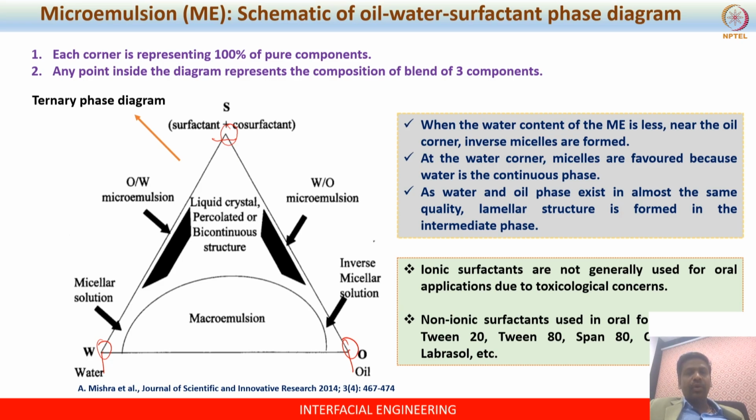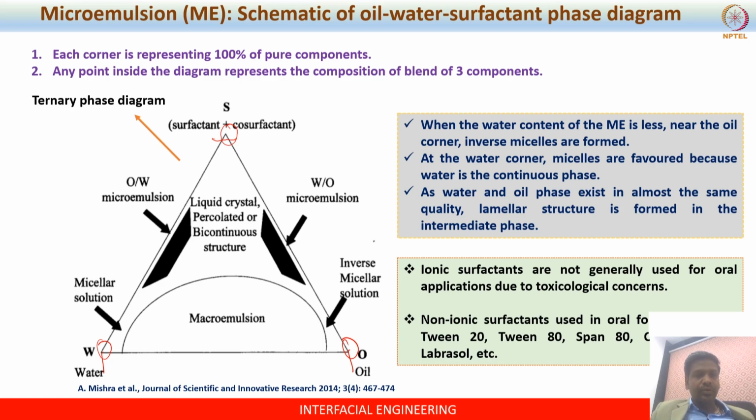If you want to stick to some specific experimental condition to achieve some specific structure, then it is required that one should refer to the phase diagram. When you balance the blend of these three components, one can achieve a desired structure, a desired state.